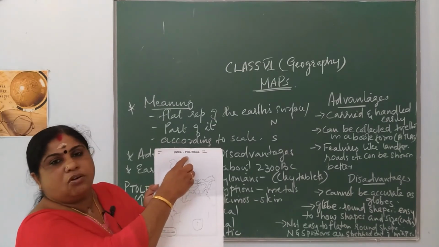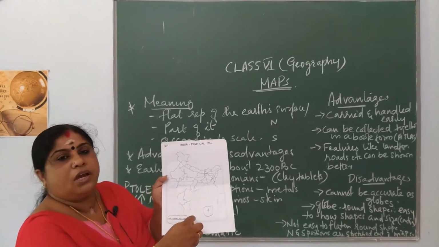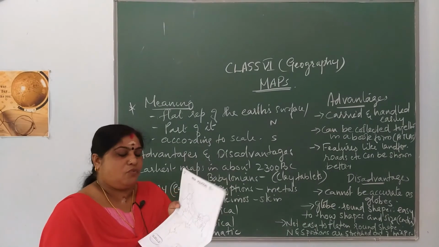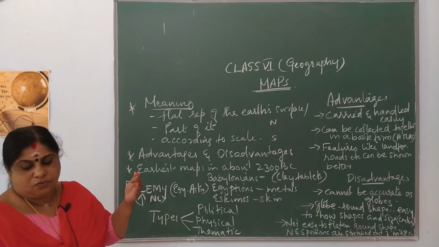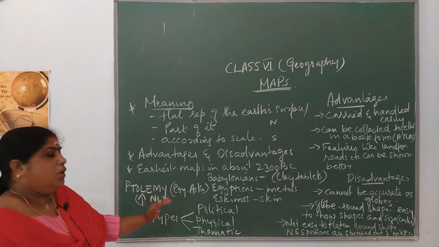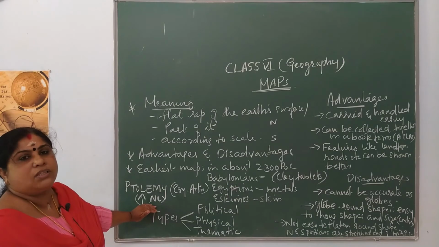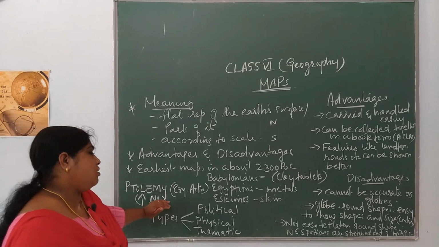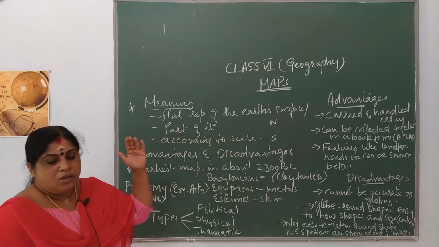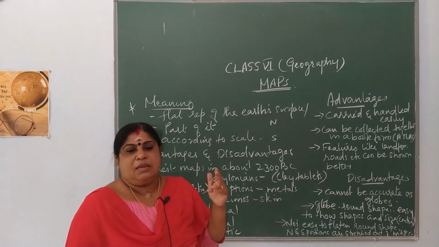Once you know the north, it will be easy for you to locate the south, west and the east. So Ptolemy was the first person to draw a northern line on his maps, which helped others to easily identify the other directions.